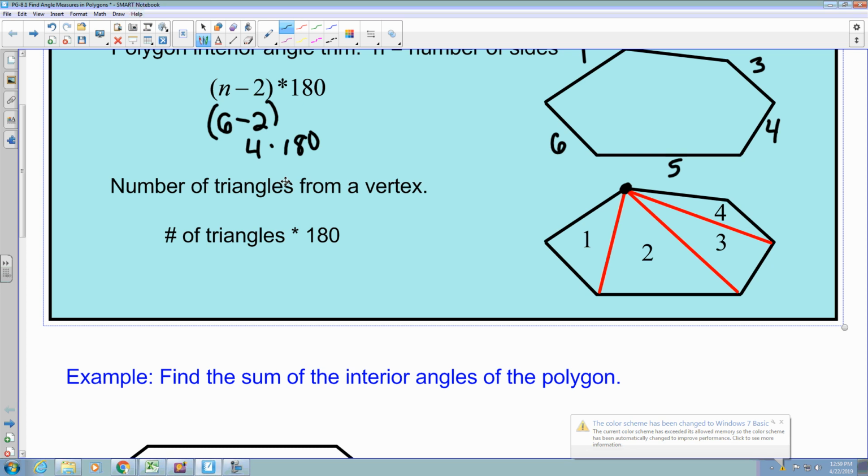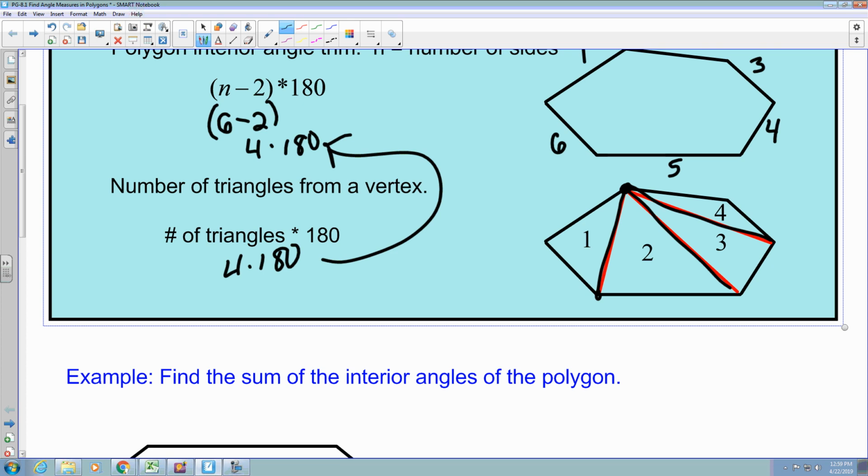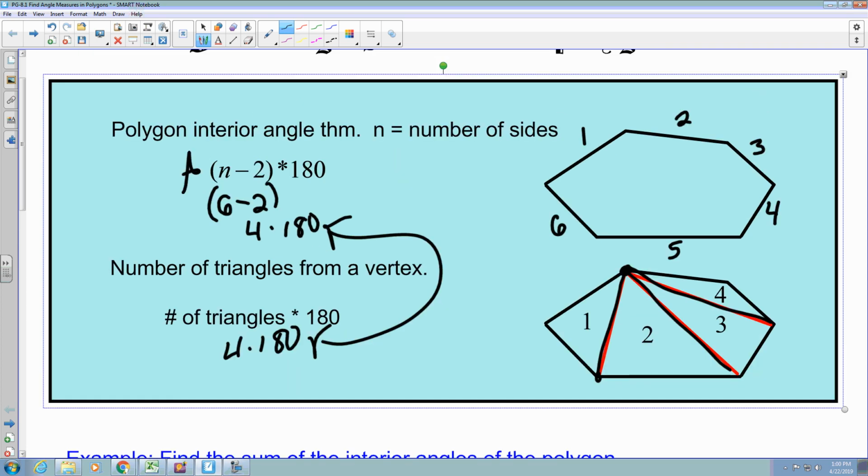Going to each side, from that one vertex it created 4 triangles. So 4 times 180, the same product, gives you the sum. It's all in how you want to figure this out, but for the most part, people use the theorem to solve it.